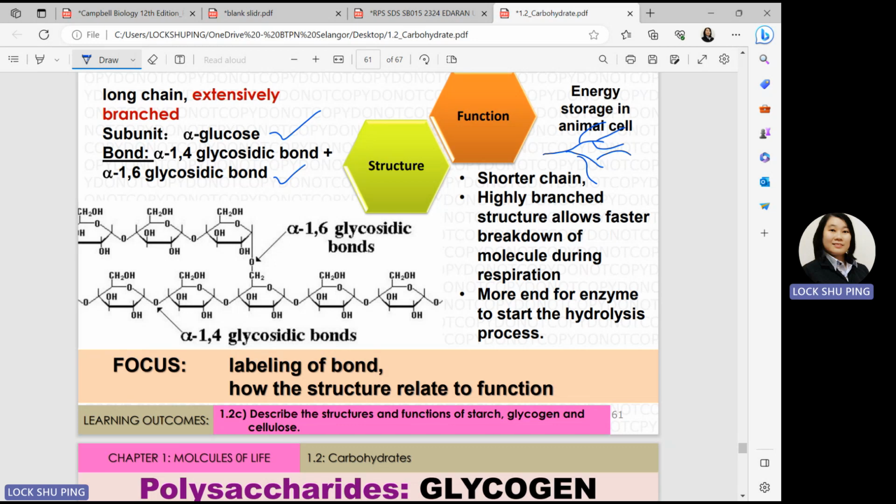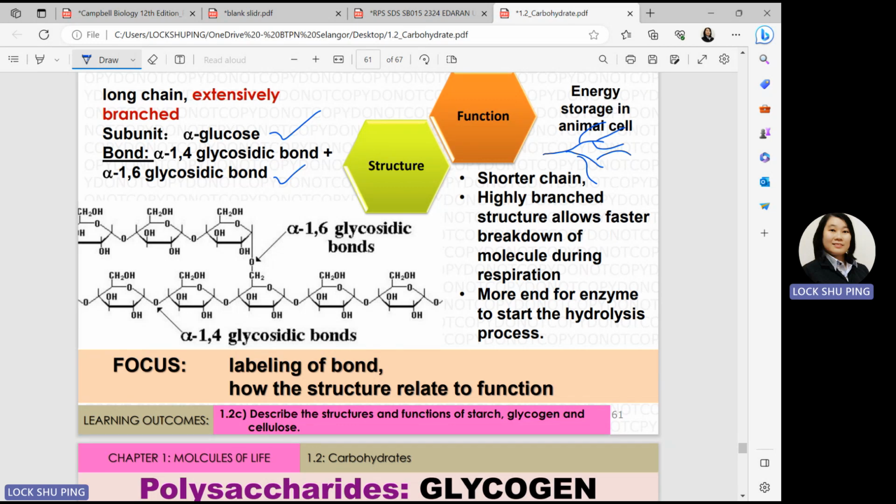When they are able to release glucose faster and provide energy faster, they are more suitable than amylopectin for animals. Because animals need energy to move. A lot of processes need energy, compared to plants, which only sit in one place and are able to generate energy in two different modes. Photosynthesis can also generate energy.